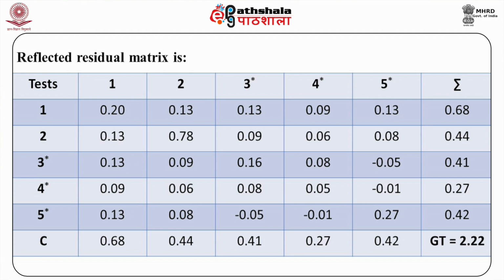For test 2, 0.13 plus 0.78 plus 0.09 plus 0.06 plus 0.08 is equal to 0.44. For reflected test 3, 0.13 plus 0.09 plus 0.16 plus 0.08 plus minus 0.05 is equal to 0.41.